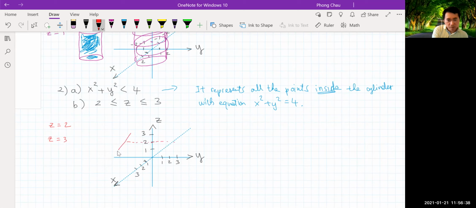So here is the plane z equal 2. And then z equal 3 is the set of all the points that have height 3. So we're going to have a second plane that's 1 unit above, and they cut through the z-axis right here.